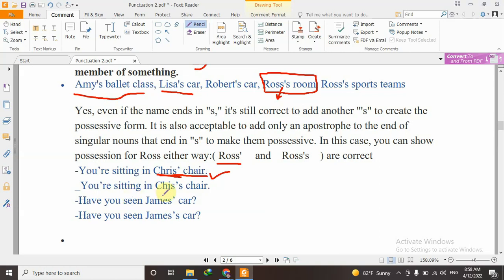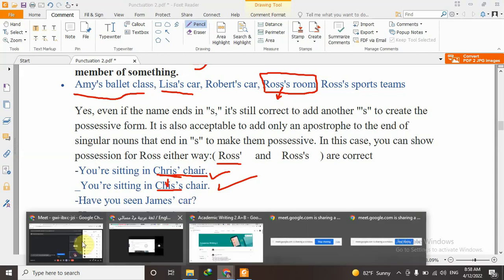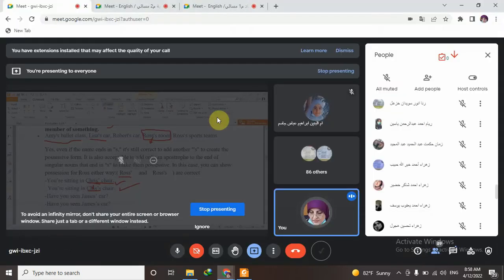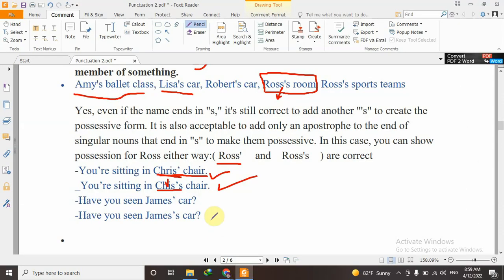You are sitting in Chris's chair, Chris' chair. Okay? You can write it in this way or that way. Both of them are correct.